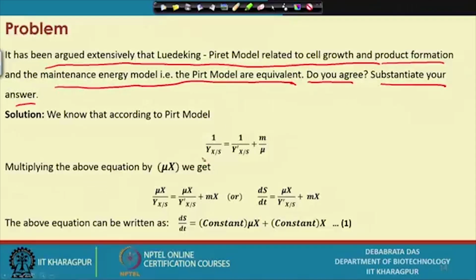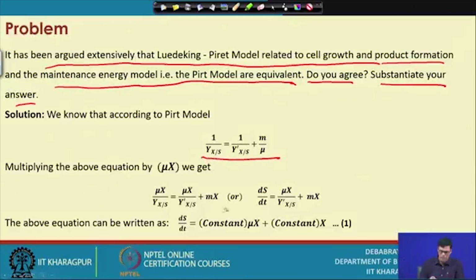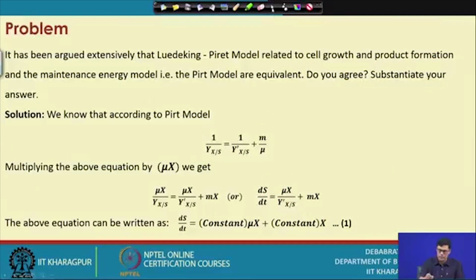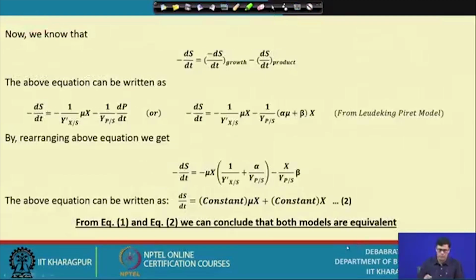In the Pirt equation, we have the model we have already derived, and it has come from this. Am I right? Minus ds by dt equals mu x by Y dash x/s, this is the true yield coefficient, plus m into x. Now Y dash x/s is constant, am I right? So we can write minus ds by dt as constant into mu into x plus constant into x. Now when you come to the Luedeking-Piret model, we can write that the substrate is used for dual purpose, similar to the Pirt equation.